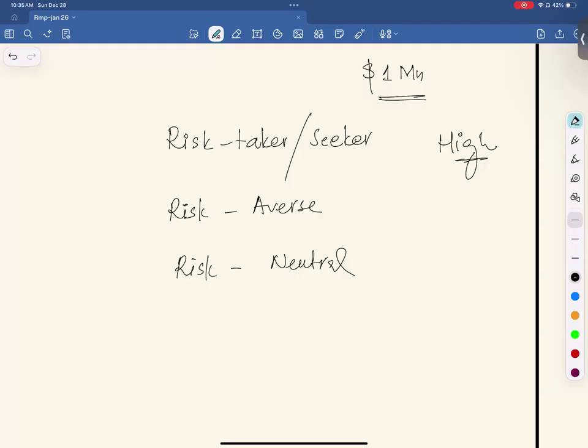Let's say a $1 million project that has more than 200 team members, with people from different countries and remote workers. We assume a broader scope or scale so that we better understand all of these concepts. If you're working on a small scale project, maybe you don't need a separate risk owner or risk manager. Maybe one person is doing all the activities. But when we assume a large project, these roles are separate. The project manager is separate, the risk manager is separate, the risk owner is separate.